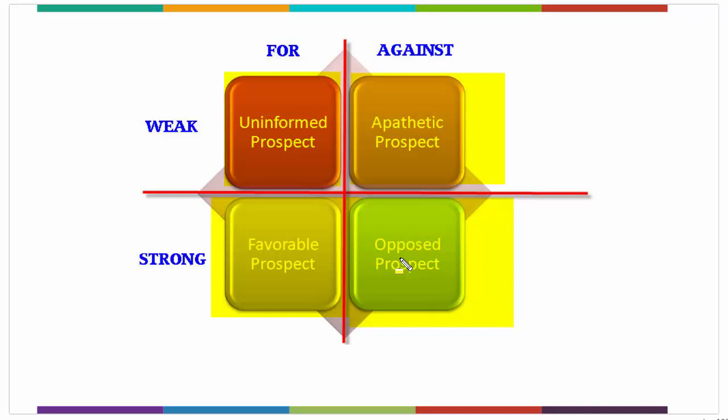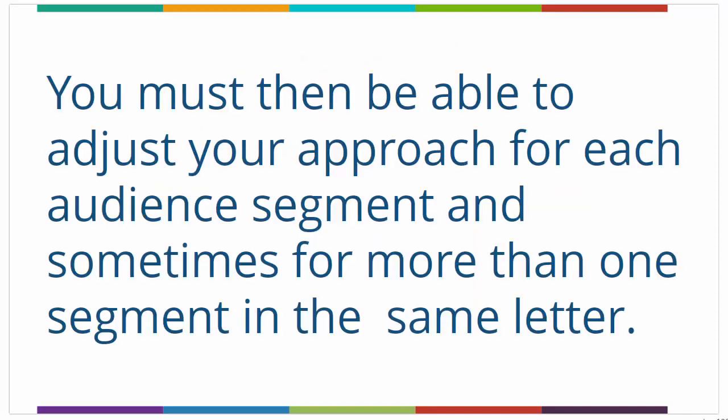So the whole idea here is that once you're able to assess your target market, and assess in which of these 4 sections of the quadrant most of your prospects lie, then you can adjust the sequence in order to match each of these different situations.